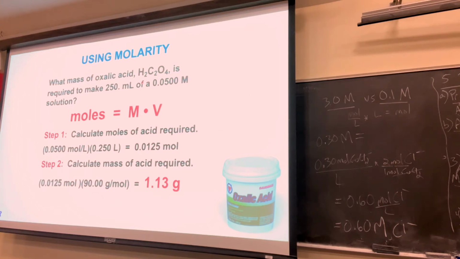So in this case, if we're looking for a molarity, it'll be moles of oxalic acid per liter of solution, and oxalic acid is the solute. So we're after here the grams of the oxalic acid. So it would be 1.13 grams of oxalic acid in a total of 250 milliliters of water, and that'll make this 0.0500 molar solution. Excellent question.